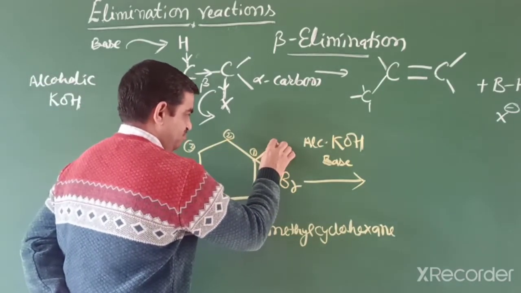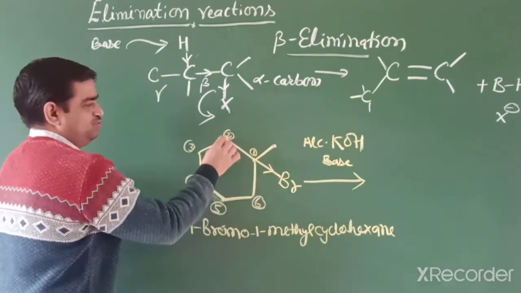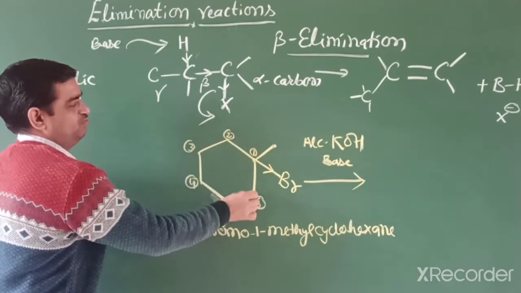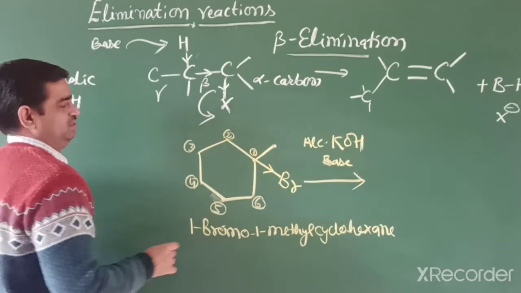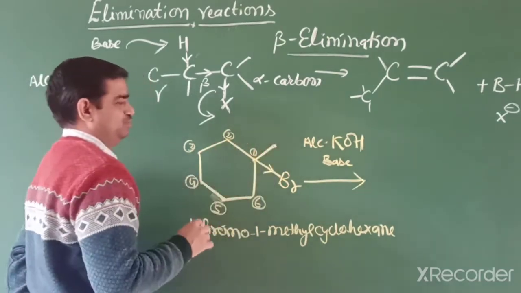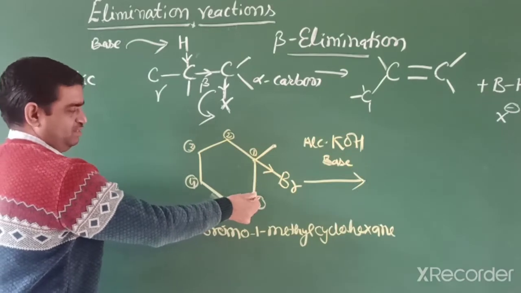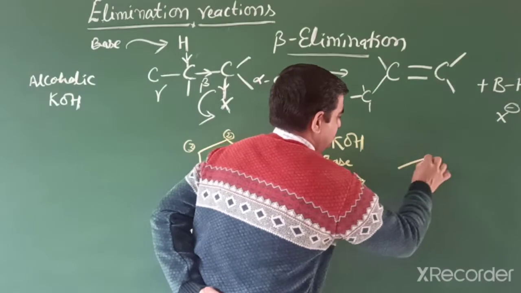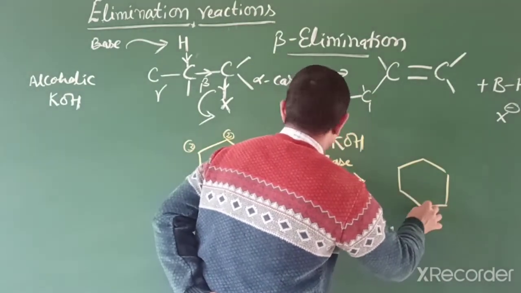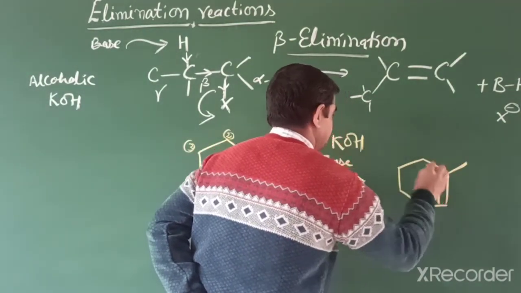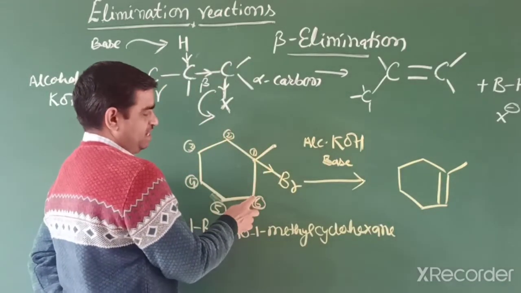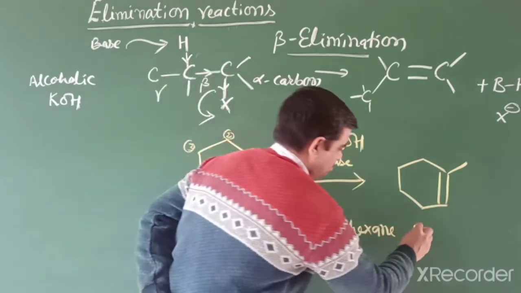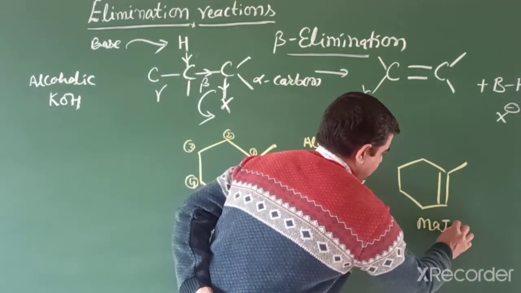It can be removed from this side or from the 2 or 6 position, because carbons 2 and 6 are also beta positions and this carbon is the alpha position. So we can write a product like this. That one is the major product. If I remove from carbon 6 or carbon 2, we get the same product, that is the major product.